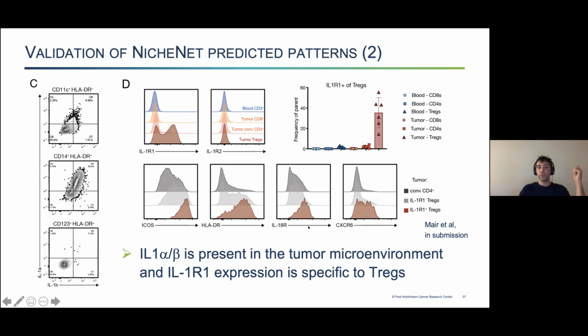These Tregs were also the ones that expressed the highest level of IL-18 receptor and the highest level of CXCR6, which was among the targets that NICHENET predicted. So we were pretty excited that we could, for the most part, validate the patterns that NICHENET predicted, and that indeed this IL-1 receptor positive Treg population could potentially be one that is unique to the tumor.